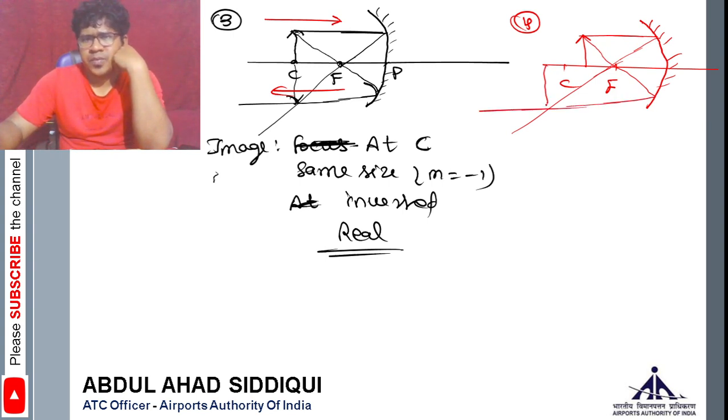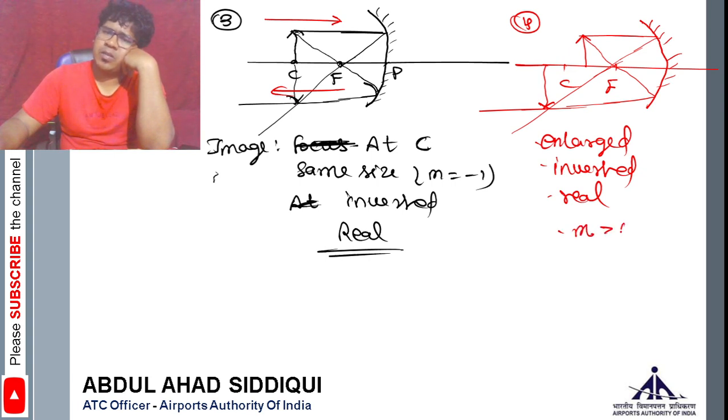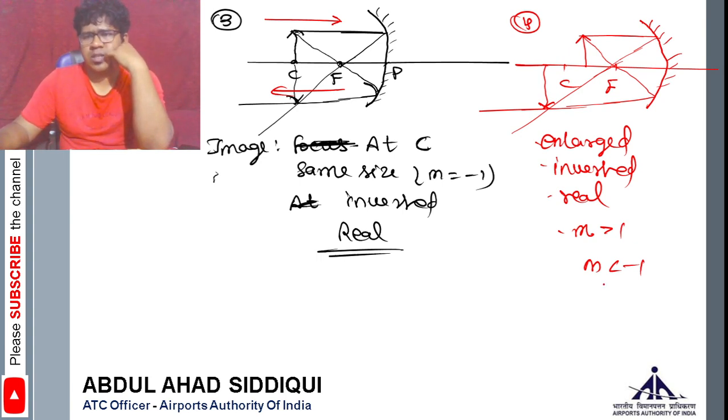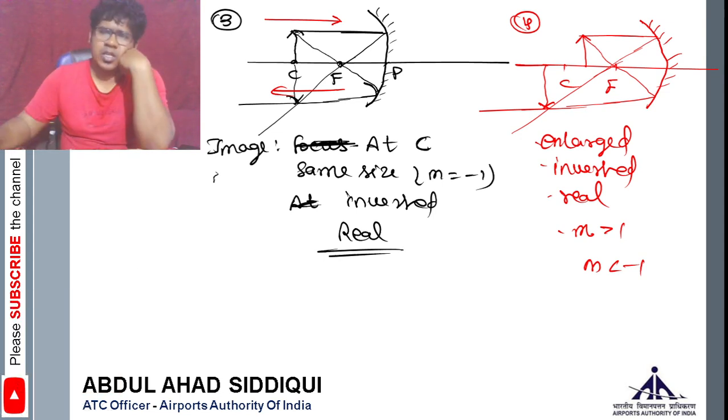So we will see this is the image. So the image is enlarged, bigger in size, inverted, real image, magnification is greater than 1 in negative direction, meaning m is less than minus 1. So this is about the image in the case of a spherical mirror.